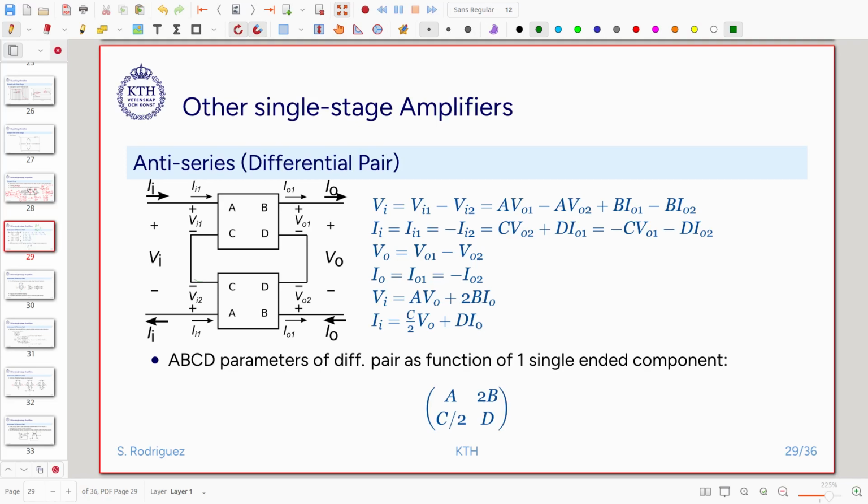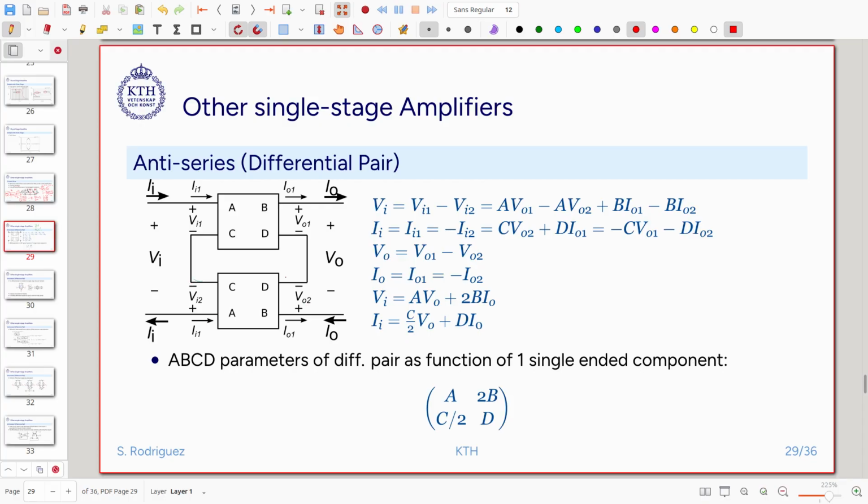We will continue with the next stage, that is the anti-series differential pair, that is extremely important in analog circuit design. So this stage is formed by two ABCD blocks that have been connected in what we call the anti-series. So the anti-series is like this. The input one will have plus minus, and the minus of one stage is going to be connected to the minus of the other stage.